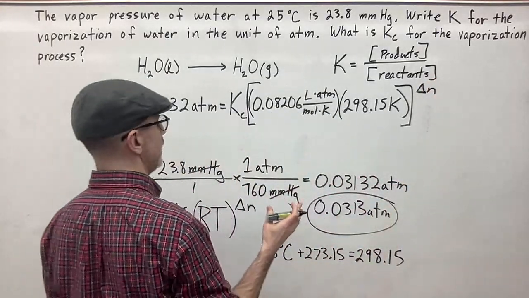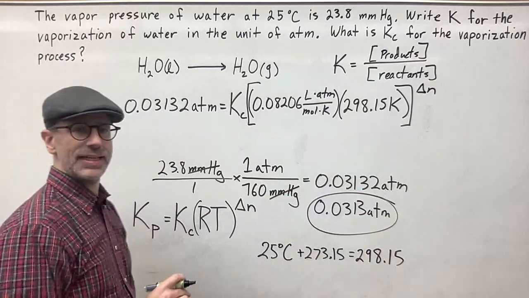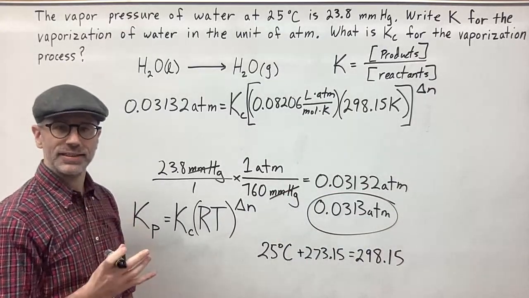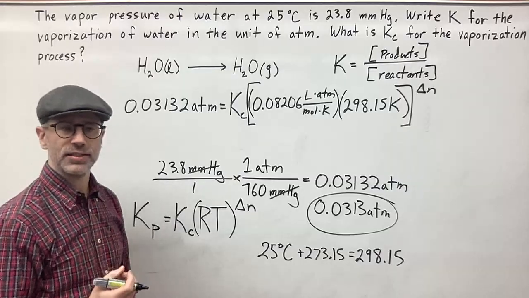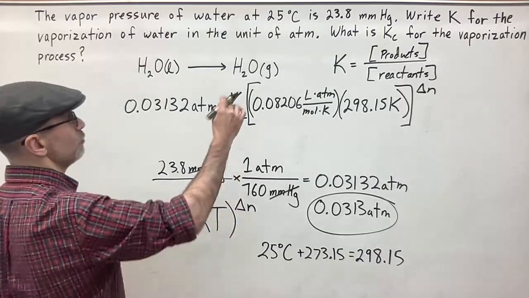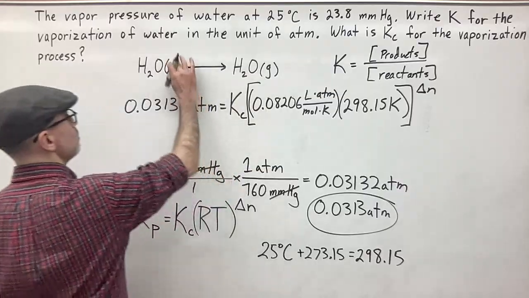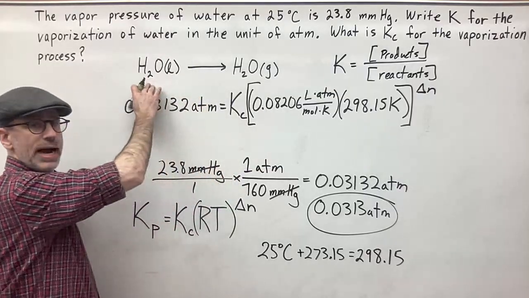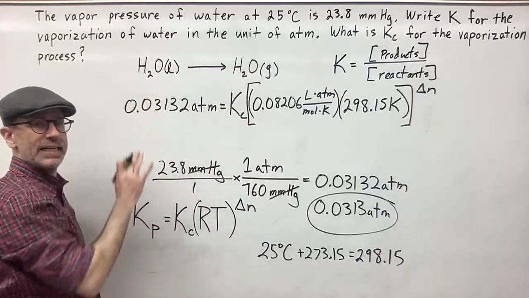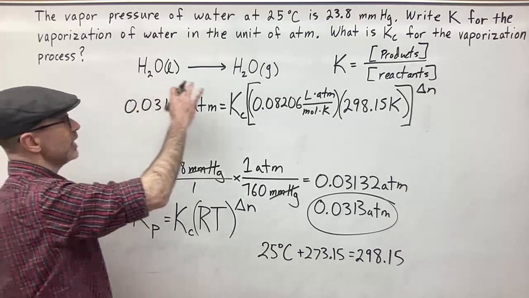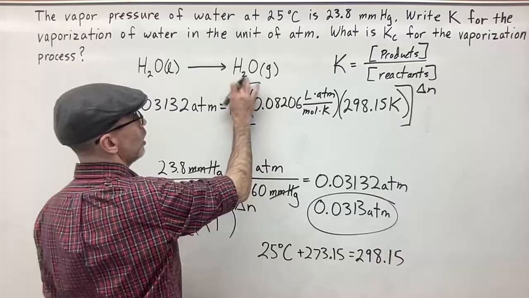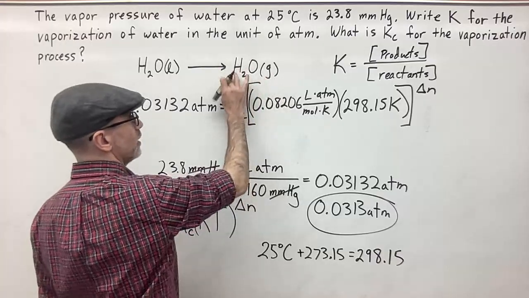What's delta N? Delta N, as I said, is the gaseous products minus gaseous reactants. So it's the moles of gaseous products minus the moles of gaseous reactants. You'll notice here I don't have any gaseous reactants, so it's 0 moles of gaseous reactants. And here I have 1 mole of gaseous water, so there's a 1 in the coefficient.